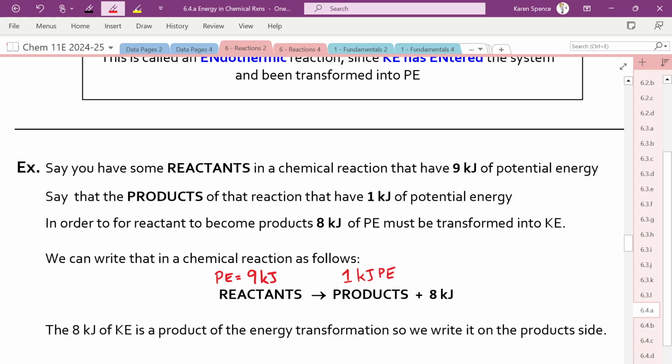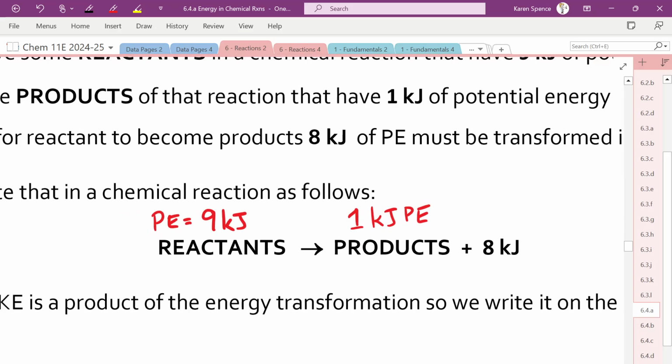That means, what happened to that extra 8 kilojoules? Where did it go? Eight kilojoules of potential energy, what happened to it? Yeah, it turned into heat. It turned into kinetic energy, okay?